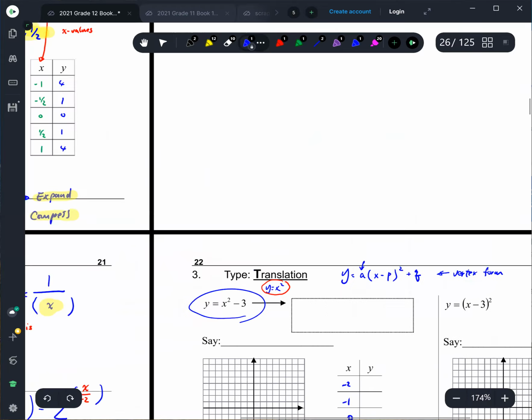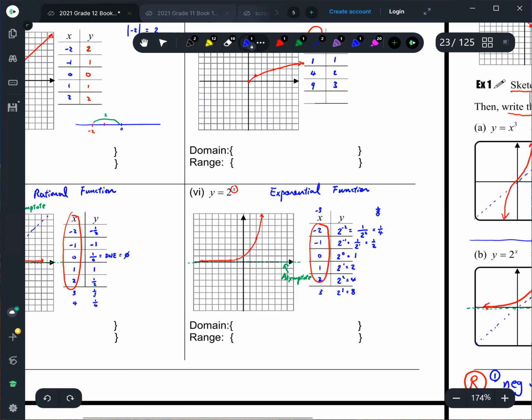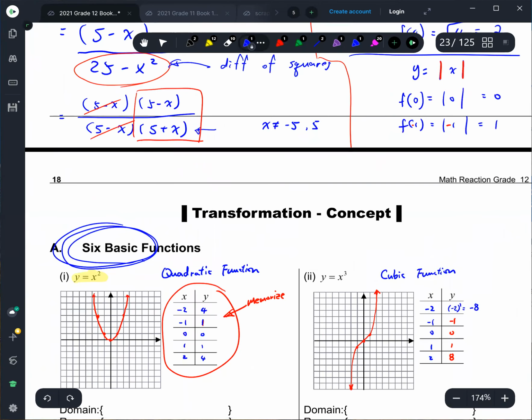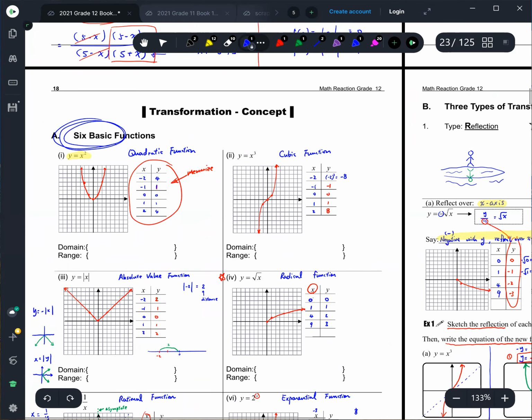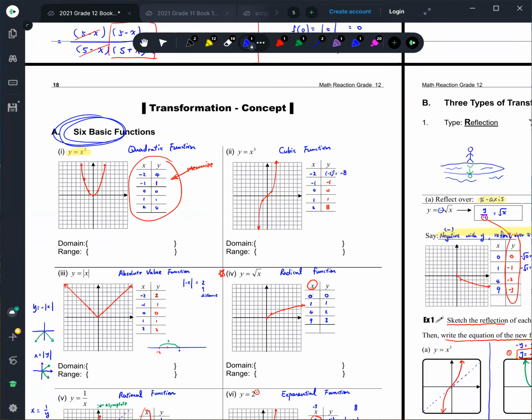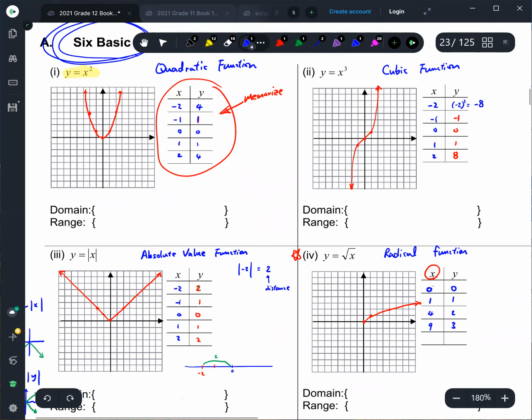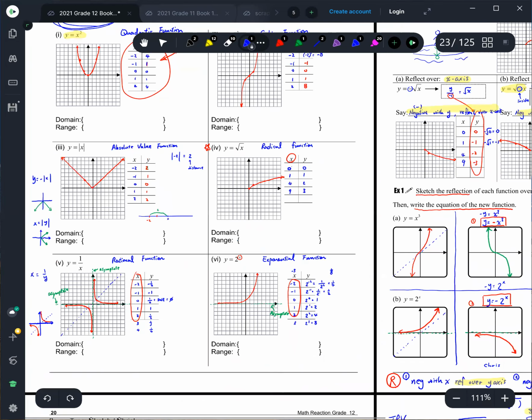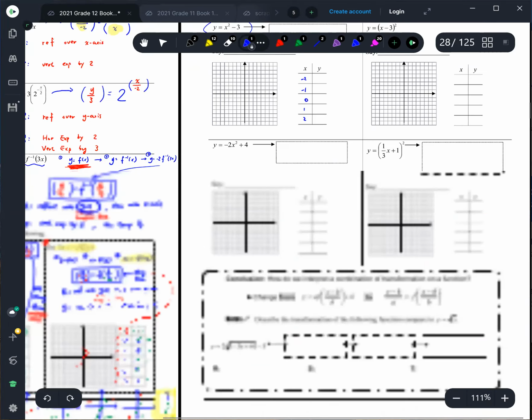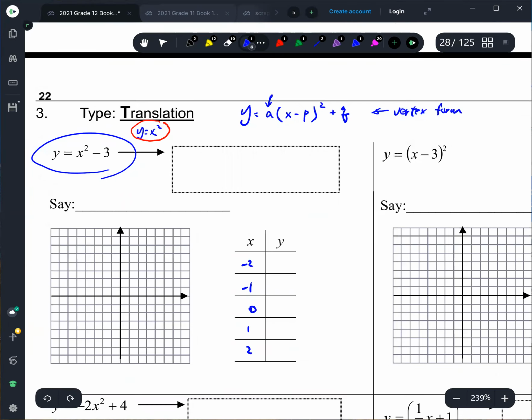Quadratic function, page 18. 4, 1, 0, 1, 4, right? Those are the basic ones. You need to memorize all the basic points. So that's 4, 1, 0, 1, 4 for the y equals x squared.